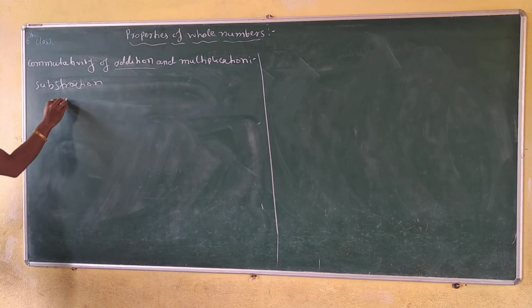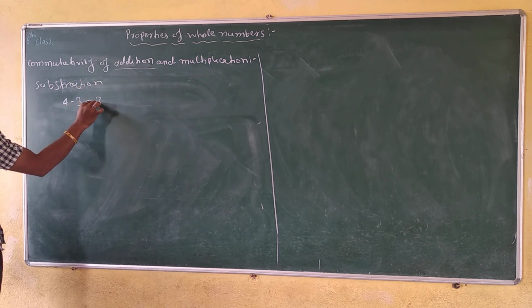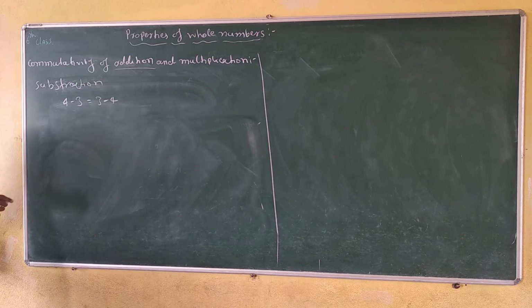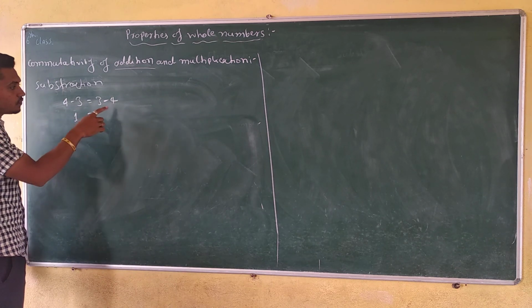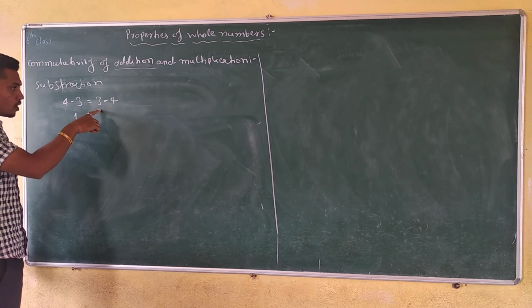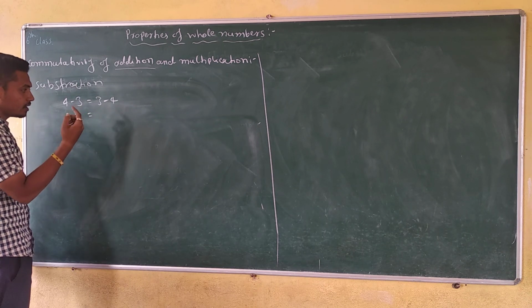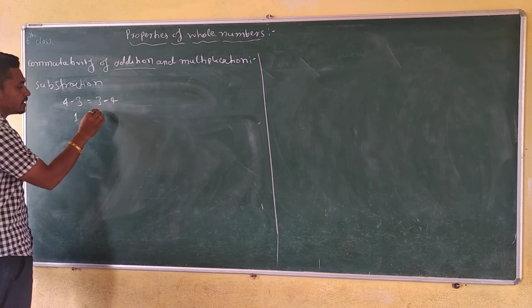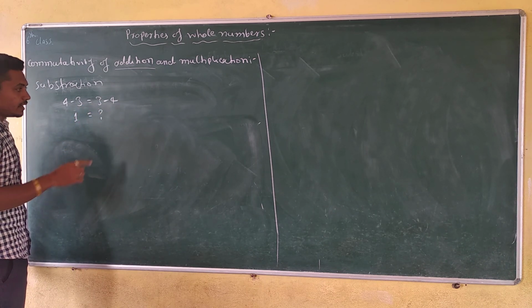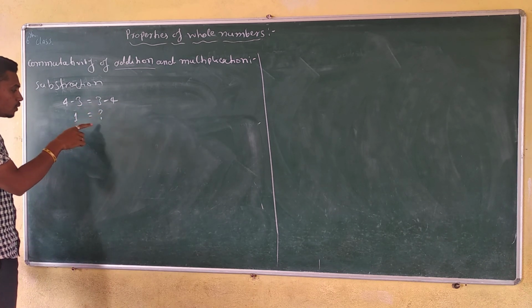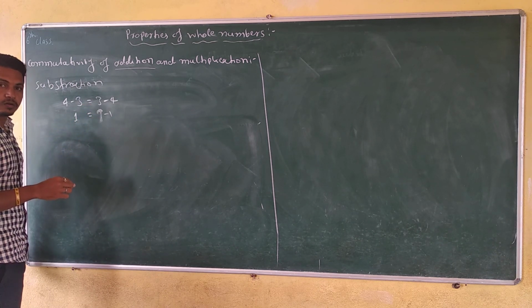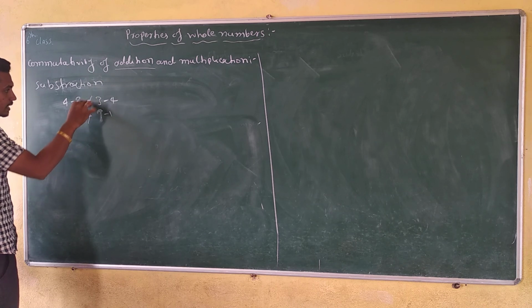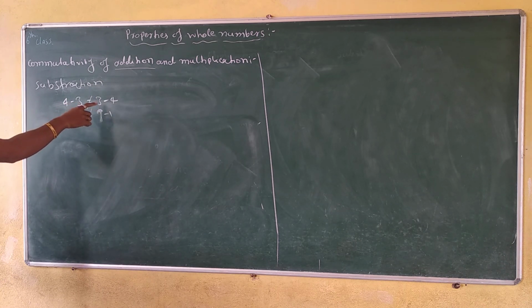See here, 4 minus 3 is equal to 3 minus 4? 4 minus 3 is 1, and in 3 minus 4, 3 is smaller than 4, so it is not equal to 1, it is equal to minus 1. So 4 minus 3 is not equal to 3 minus 4.